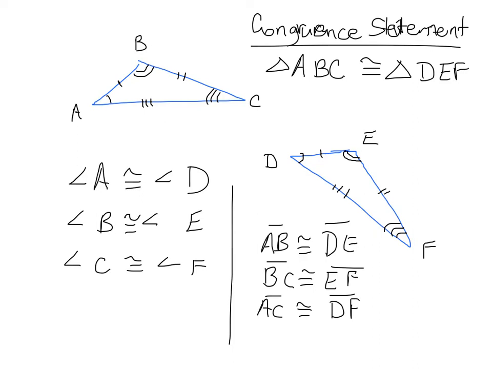Now here's something that's super important when you're making your congruence statement. It is vital that we list it in the order of correspondence. So A is corresponding to D, B is corresponding to E, and C is corresponding to F. And so I had to write both of these in that order to tell whoever's looking at my congruence statement what exactly corresponds to what.